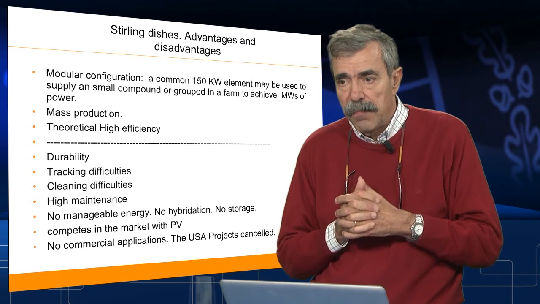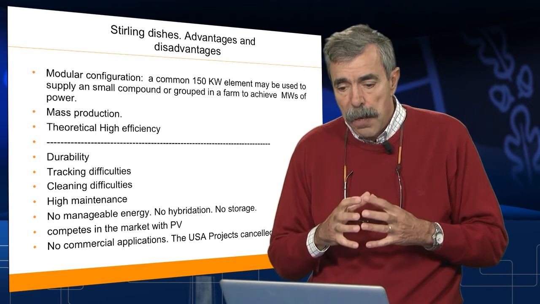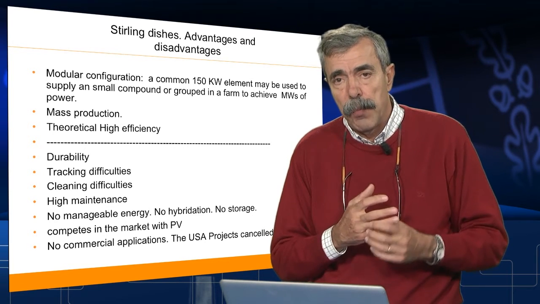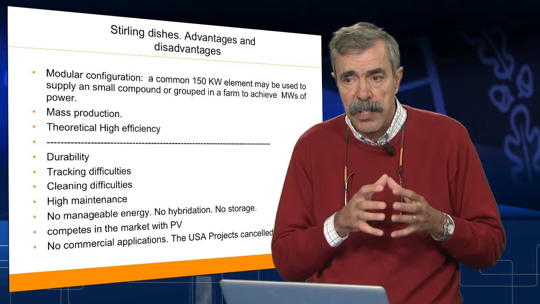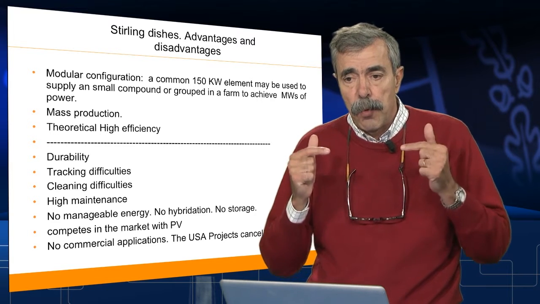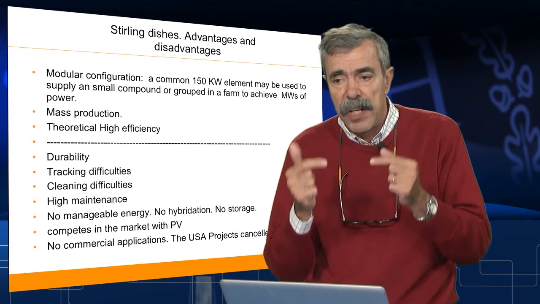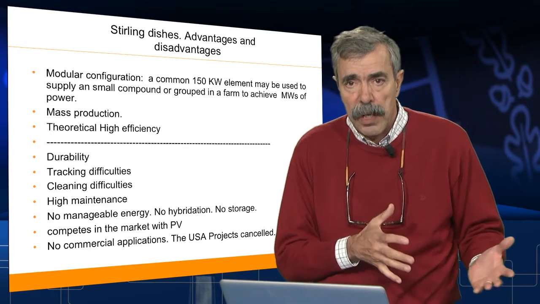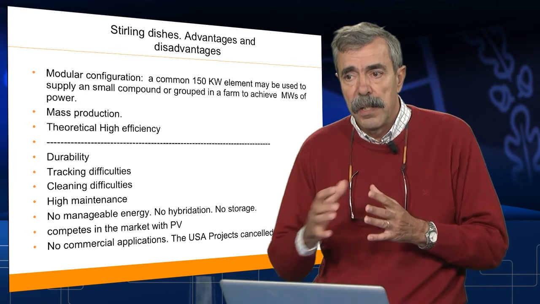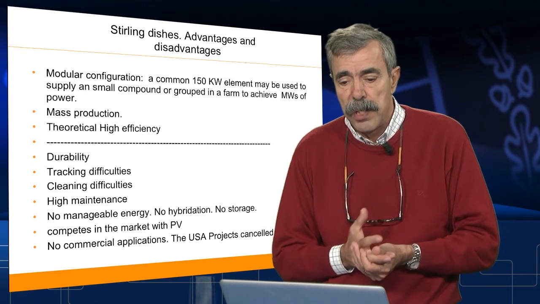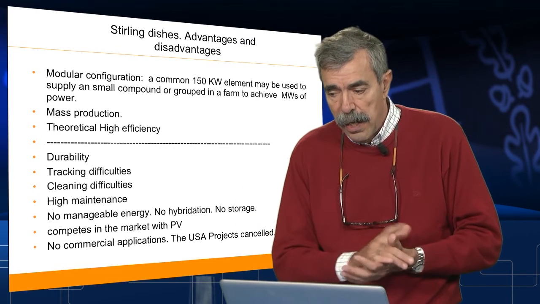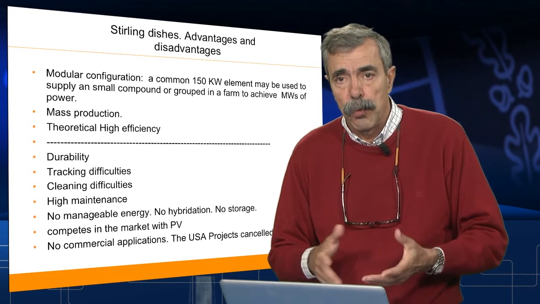So this is a very good point, because by being modular, you might reach many different applications. And because it is modular, you might end up producing a huge amount of elements. Producing a huge amount of elements means that the industrialization process could be achieved, so mass production is achieved, and the prices normally will tend to go down.